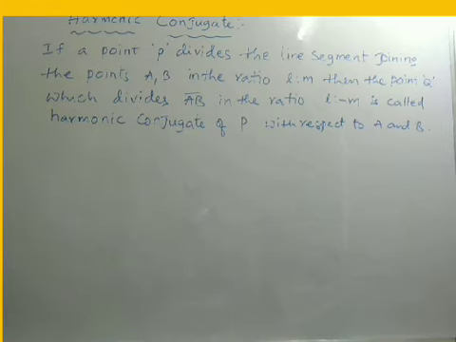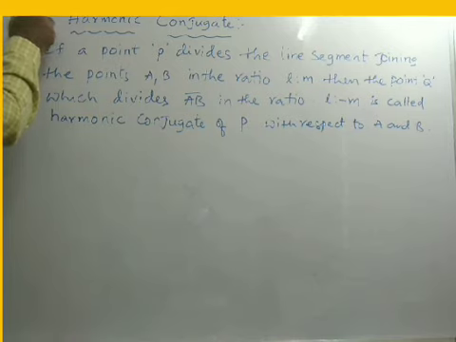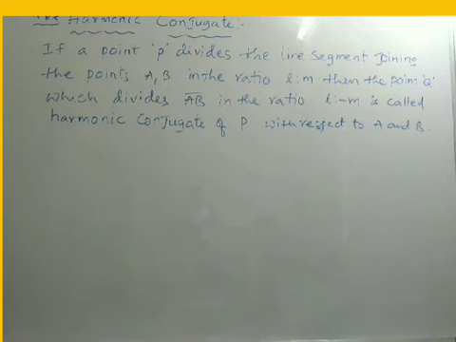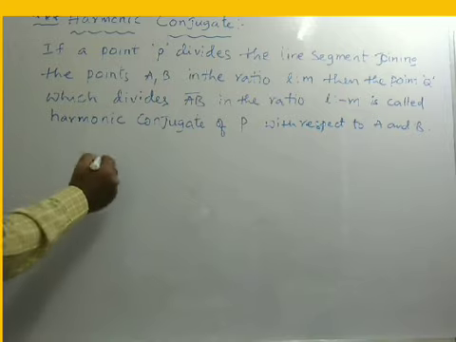So next one, which is very important, that is harmonic conjugate. So first let us see the definition of harmonic conjugate. If a point P divides the line segment joining the points A and B, I mean this is the situation.